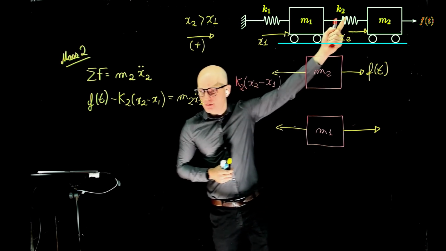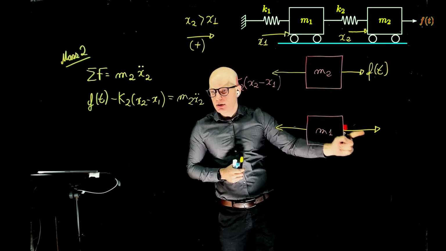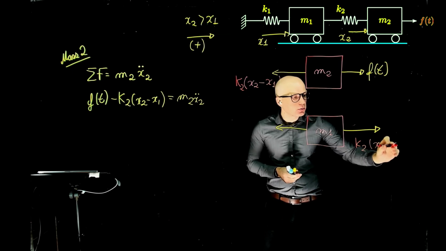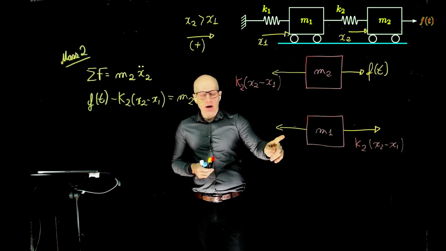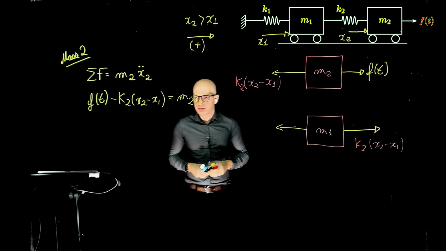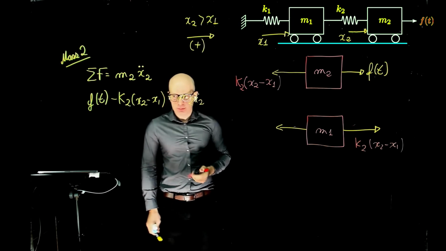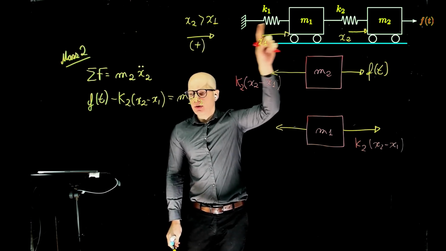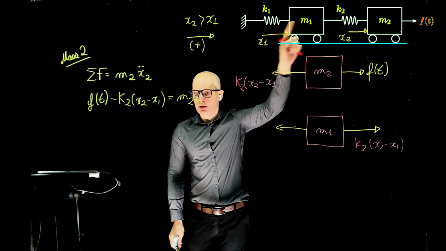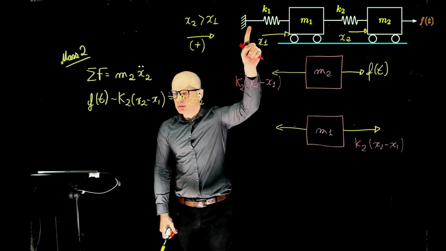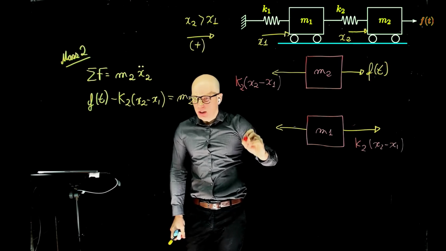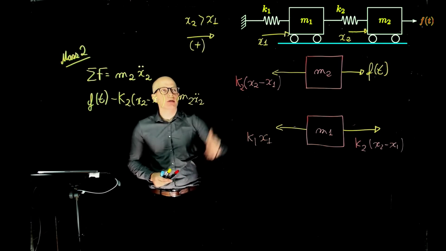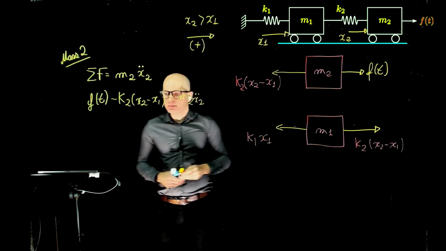We cut it halfway here, so the force here and here must be the same, just in opposite directions. And this one here, what is the magnitude? Let's see, are both ends of this spring moving, or just one? This end of the spring moves, this one is fixed. It would just be K1 x1, because this side is fixed.